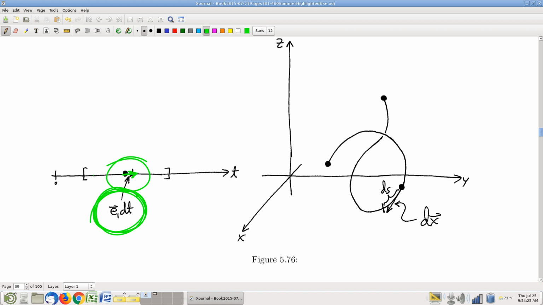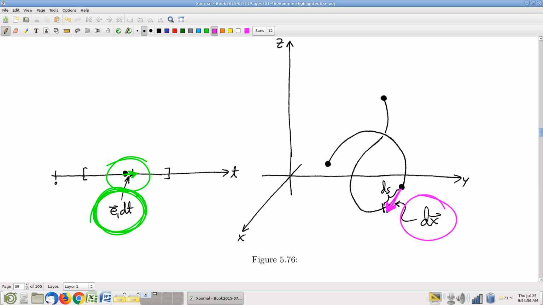It's to be thought of as a vector and not just a number. The corresponding output, this dx vector we've talked about in the past. The relationship between the dx vector that comes out and the E1 dt vector that goes in is the derivative transformation. That's what the derivative transformation does. It takes input changes and gives you output changes.